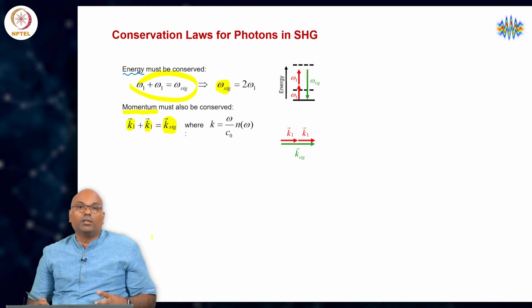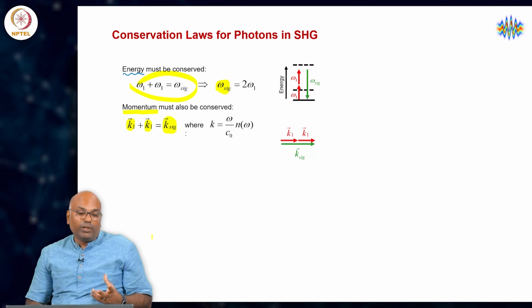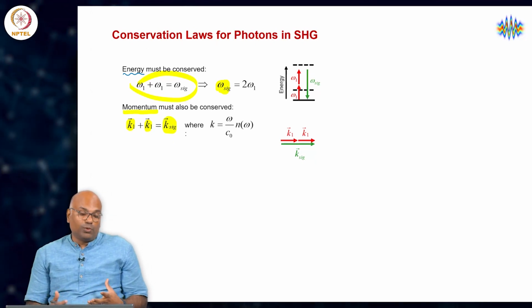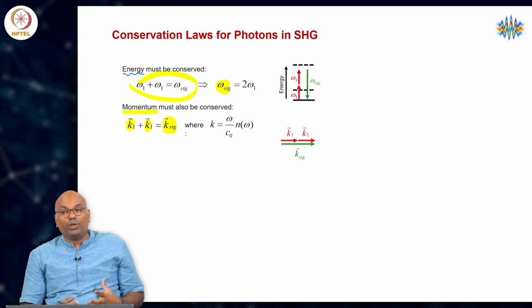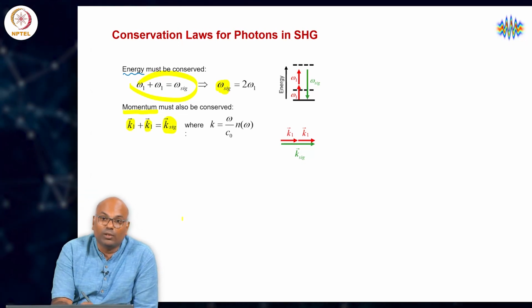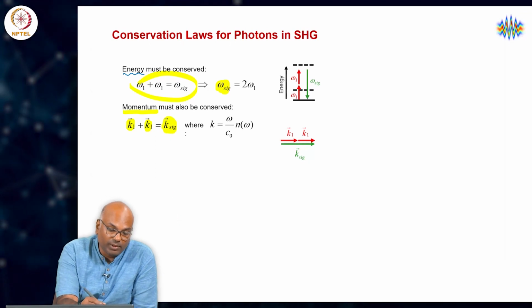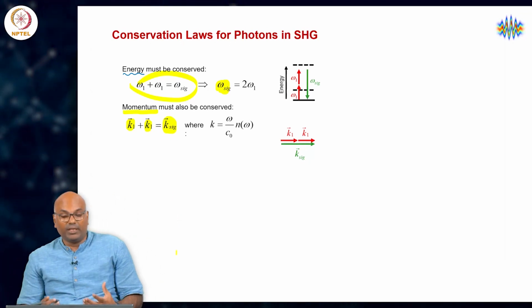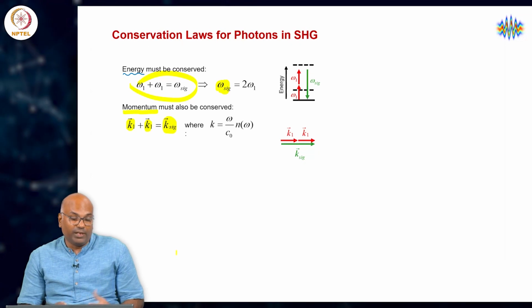But then the question arises, we took it for granted that the two waves can mix and produce a 2 omega 1 beam. So, does that imply that in all conditions momentum conservation comes about as a byproduct, or do we get it for free?